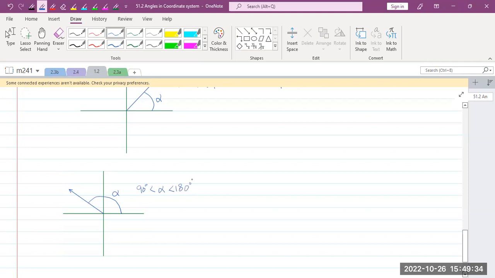If you remember from our last lecture, lecture 1, we call this angle an obtuse angle. And the alpha is denoted to be in quadrant 2.